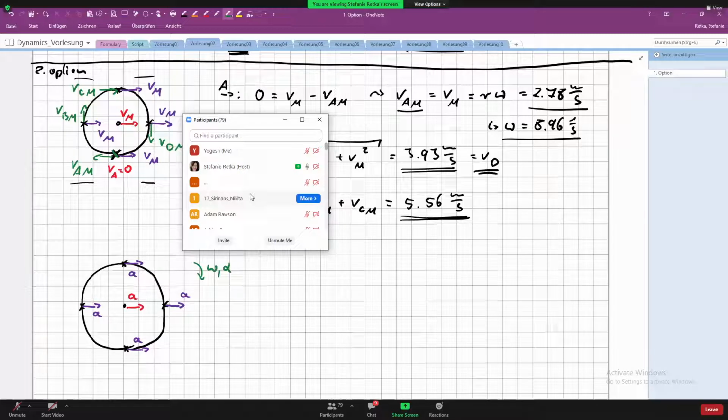Then in case of accelerations, we have a normal and a tangential component of the acceleration. So start here. That's alpha times r and r omega square. R omega square always pointing inwards.